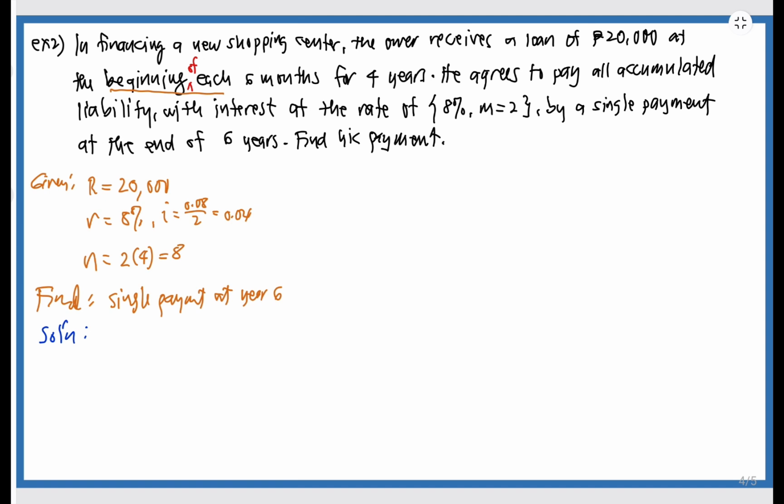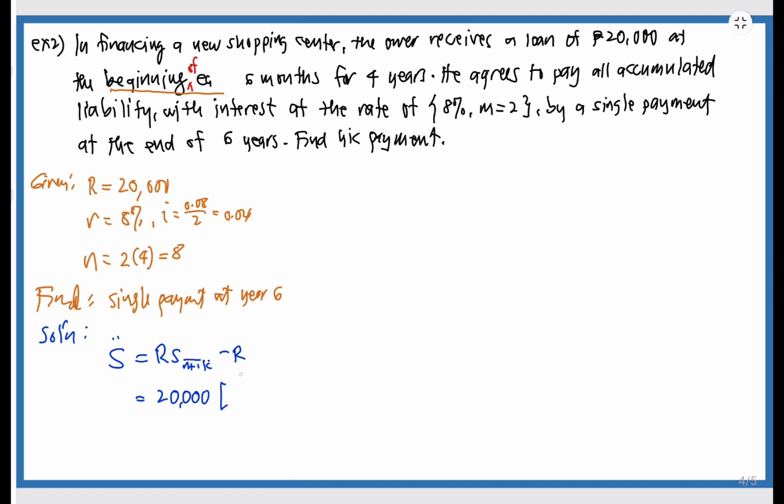To solve for the total liability, since this is an annuity due, we will make use of S double dot, which is equal to R times S of n plus 1 bar i, minus R. Substituting, our R is 20,000.